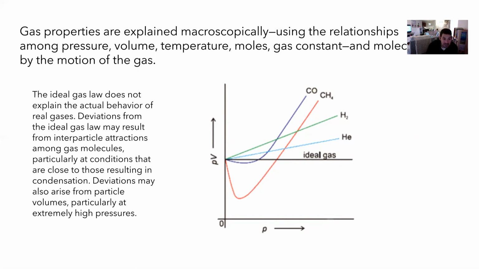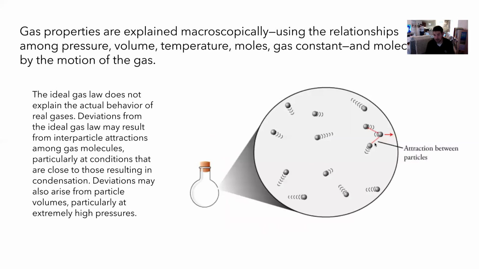Deviations from the ideal gas law may result from interparticle attractions among gas molecules. So we assume that there's no attraction in the ideal gas law, but in reality, when they come close to each other, there can be some attraction, particularly at conditions that are close to those resulting in condensation.